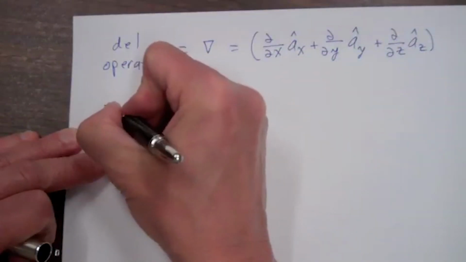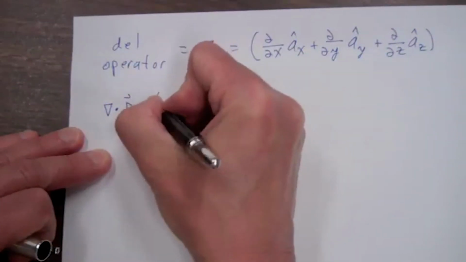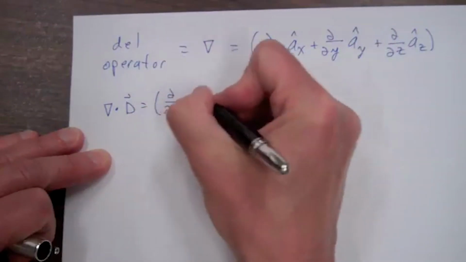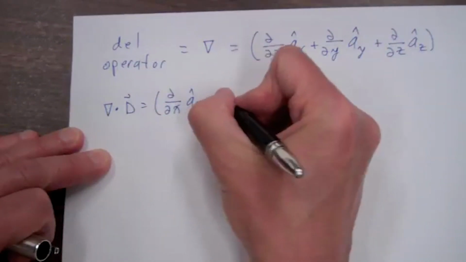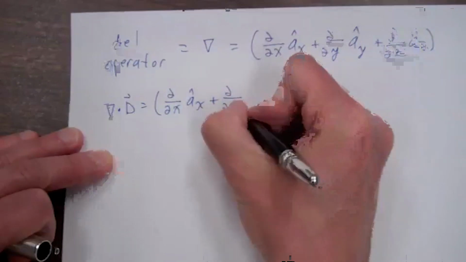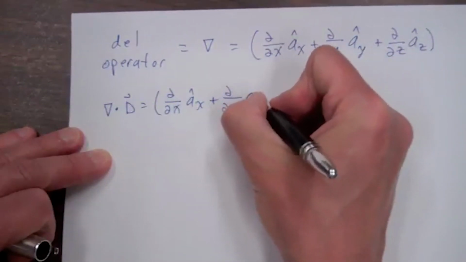So del dot D will just be the dot product of the del operator with the electric flux density field.